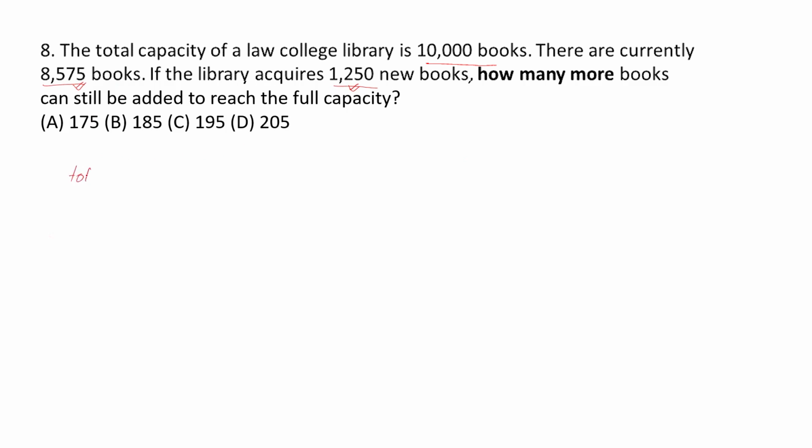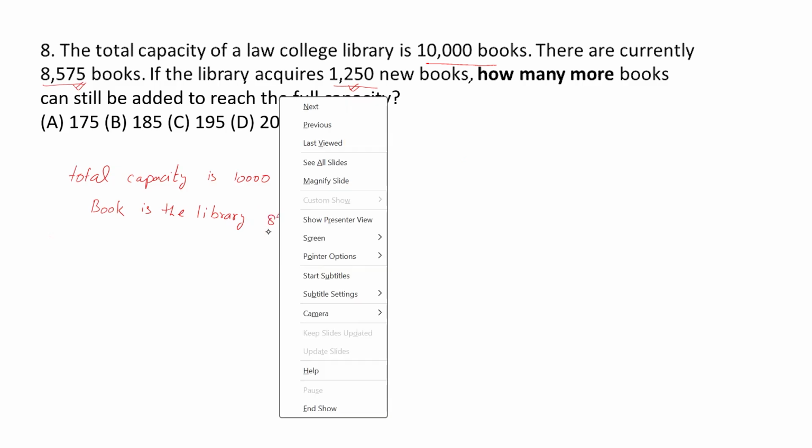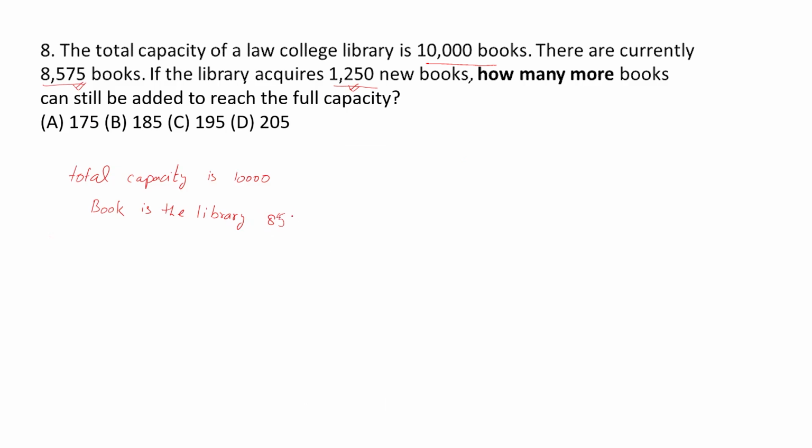So total capacity is 10,000, right? Books in the library is 8,575 plus 1,250, right?